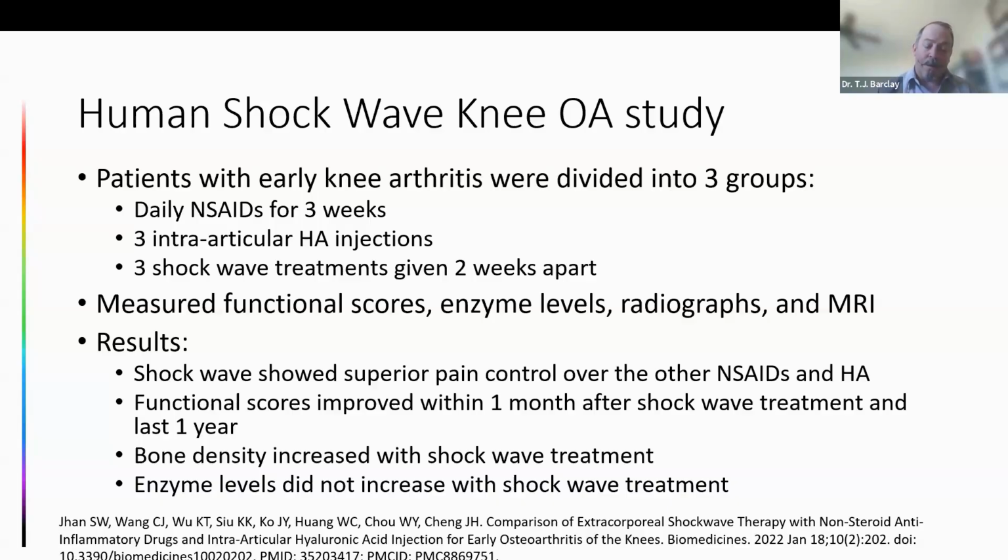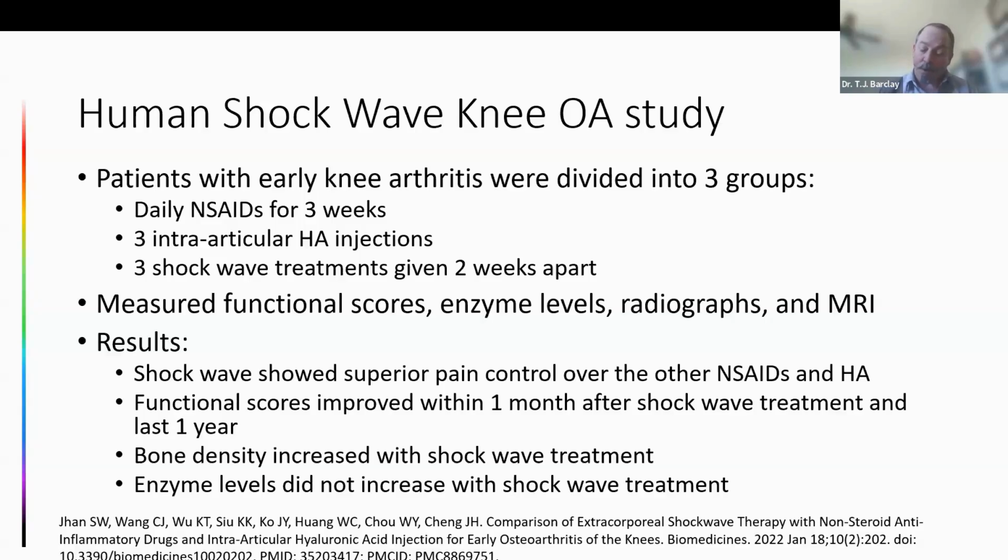And this study went on for a year, where they measured functional scores, synovial enzyme levels, and took radiographs and so forth. And so the shockwave treated group actually showed superior pain control over both of the other groups.